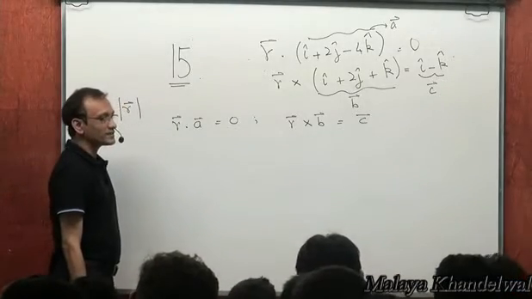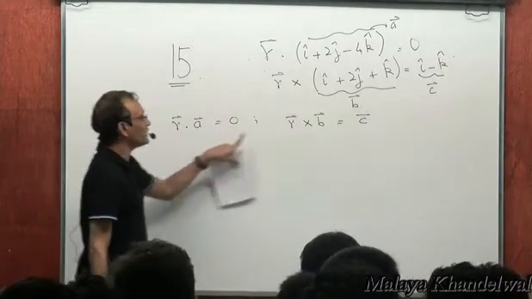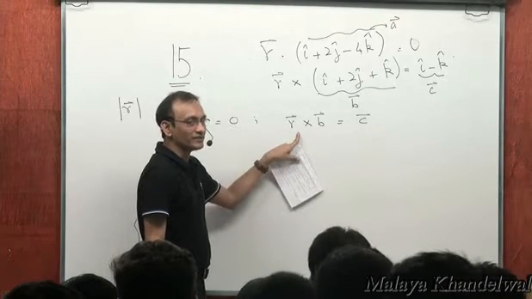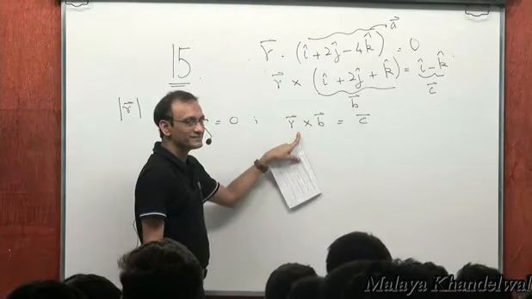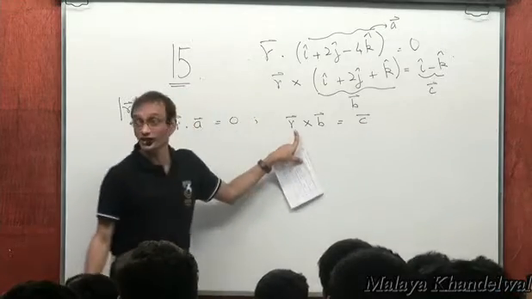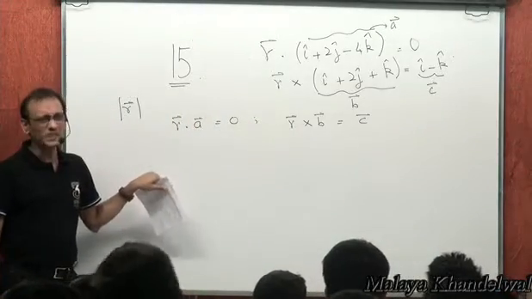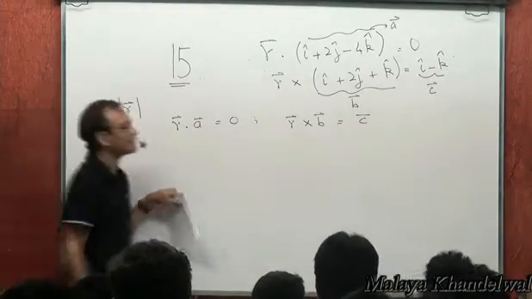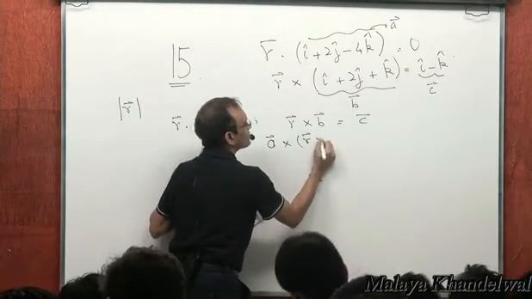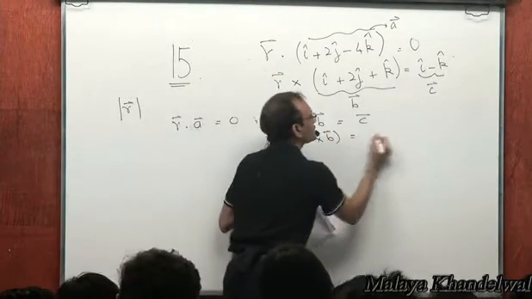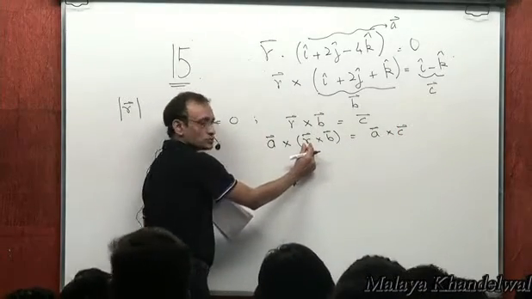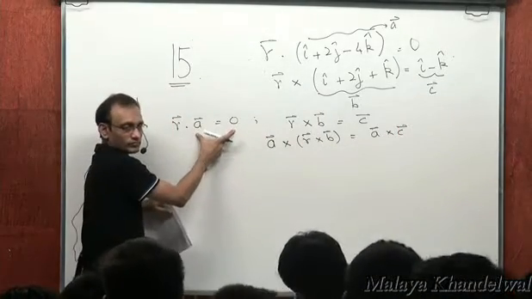Do you realize that to bring in r dot A, if I did A cross this, then I'll get A dot r in the vector triple product? If I did A cross this equal to A cross C, then I'll get A dot r somewhere. Things might look a little better if I did that. So A cross (r cross B) is A cross C. The only reason I did this was because this would pop out A dot r, which will be 0.